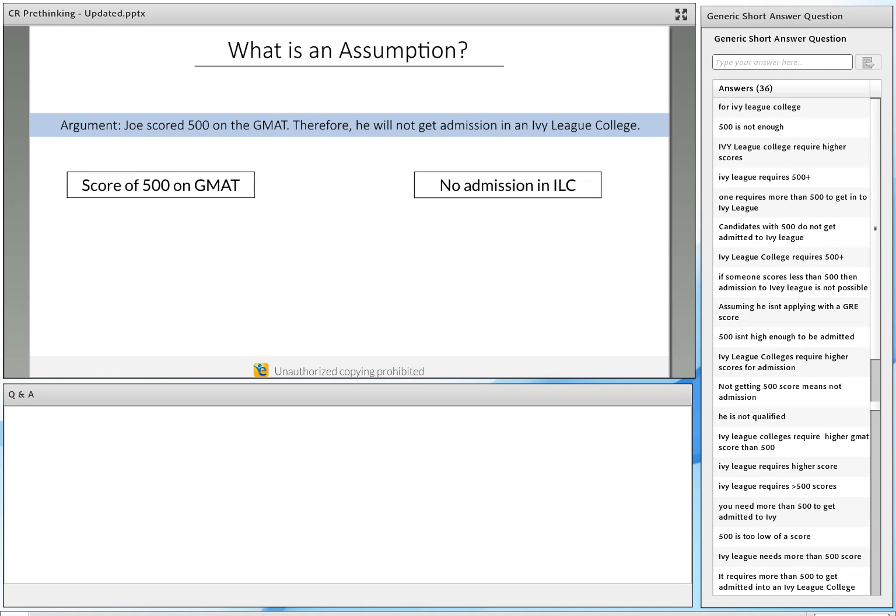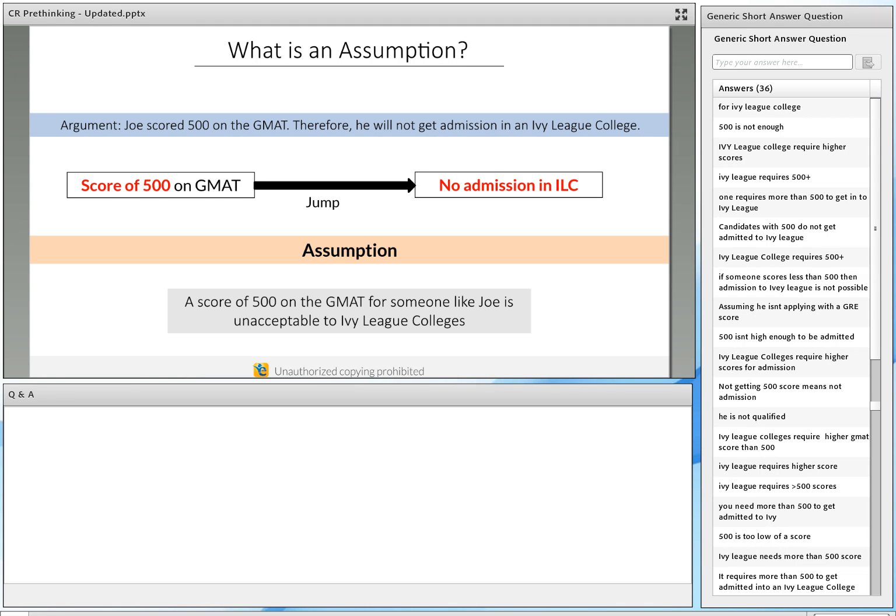If you look at this with a more critical eye, from that data point, the author makes a jump towards admission into an Ivy League college. And as the author makes that jump, the author makes an assumption, which is that a score of 500 for someone like Joe is unacceptable to Ivy League colleges. And this is really important. Most of you caught that the score of 500 is not enough. But the one piece which is really important for you to recognize is this piece, for someone like Joe.